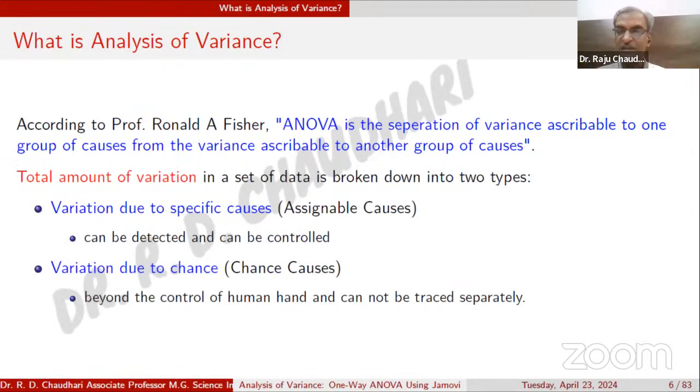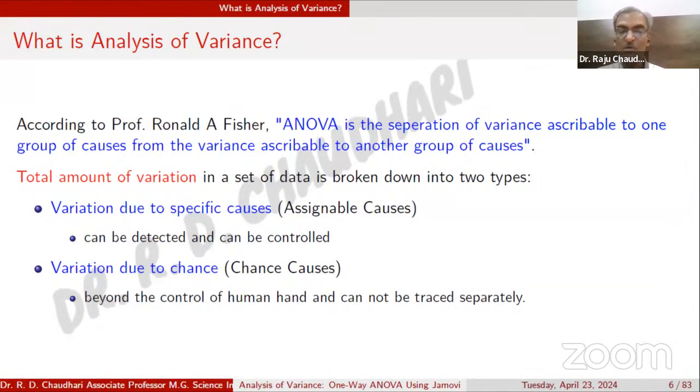If you take any data, in that entire data there is a total amount of variation, known as the total variation or total sum of square, right? And that variation is broken down into component variation.